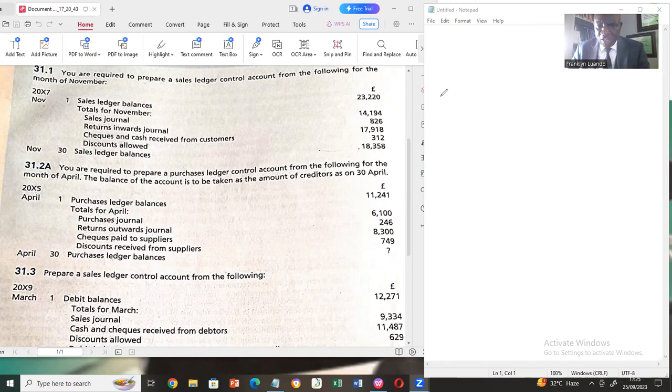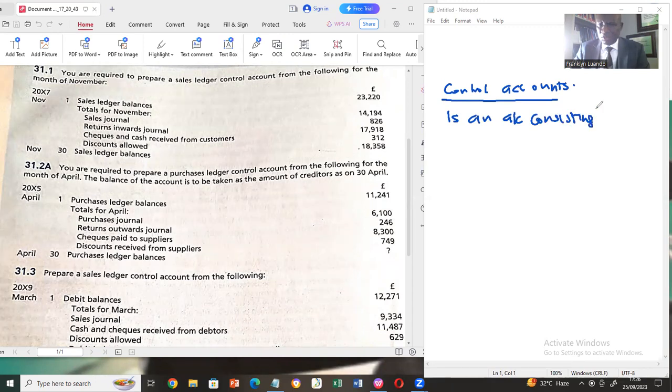We have the definition of control account. A control account is an account consisting of transactions of similar items.